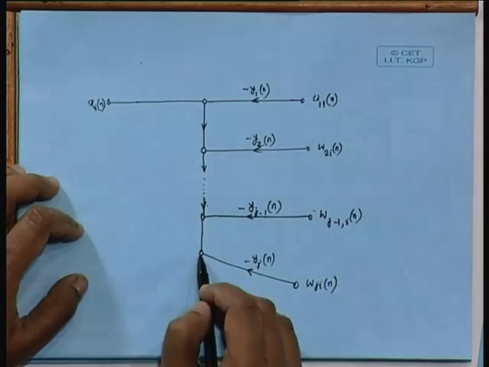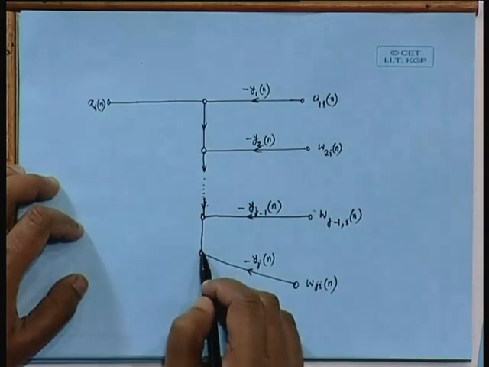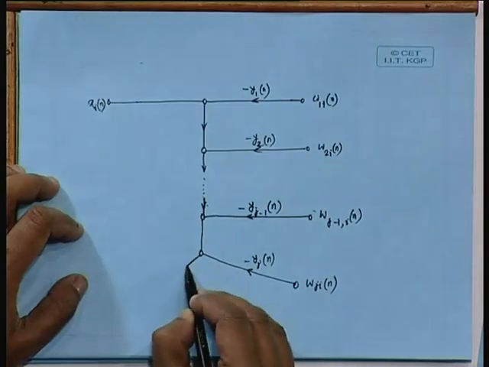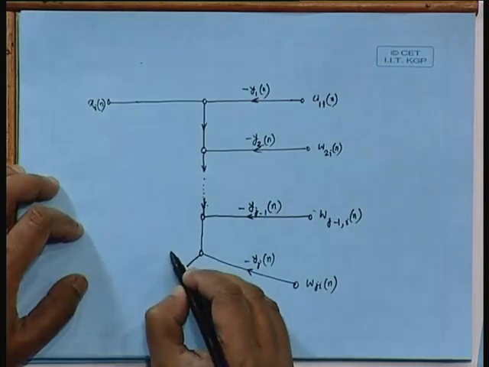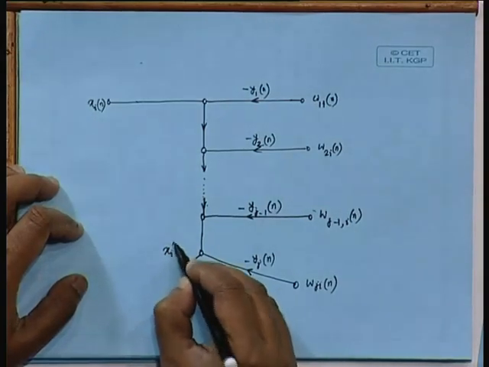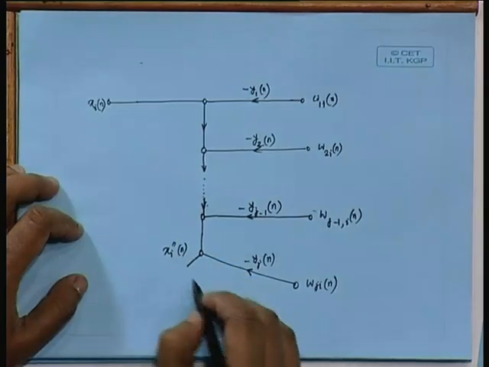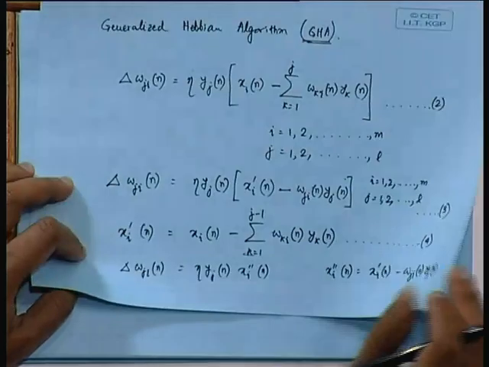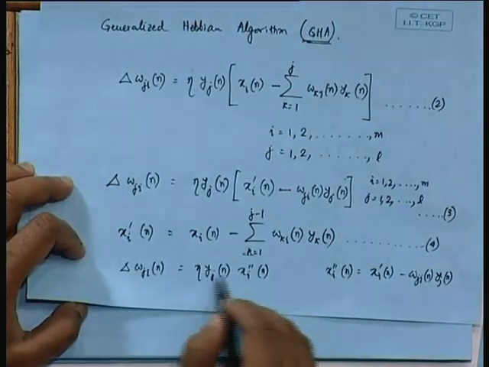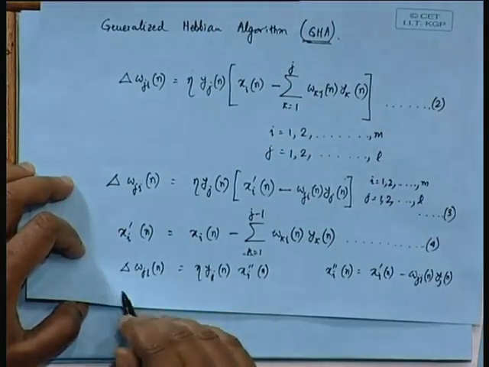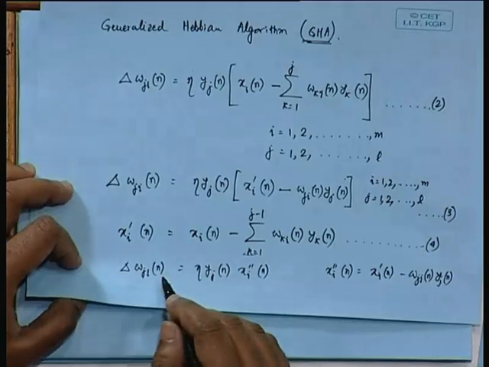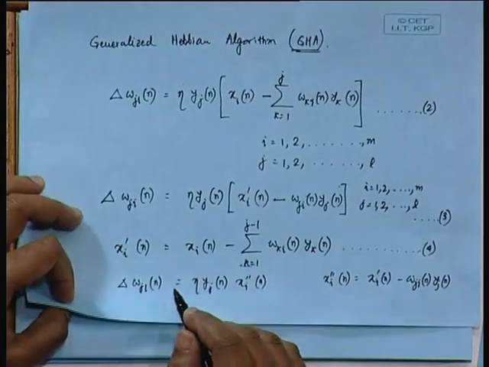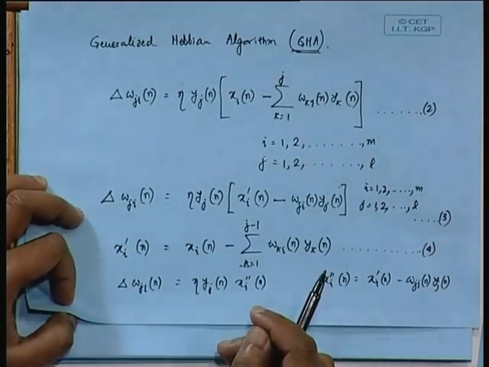If we subtract this from xi prime n, we will get xi double prime n. And if we multiply xi double prime n by eta yj, that should lead to delta wgi n. And what is delta wgi n? Delta wgi n is nothing but wgi n plus 1 minus wgi n.